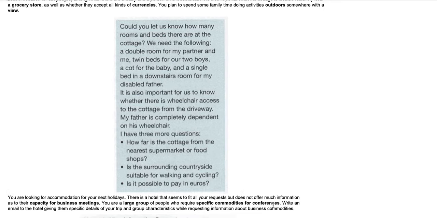Now, specific details: they ask you to write specific details of your trip. Of course, this has to be made up on the spot. You have to make up all this information. You just use your imagination and make up specific details of your trip and group characteristics while requesting information about business commodities. Alright, so now let's see what this student did.